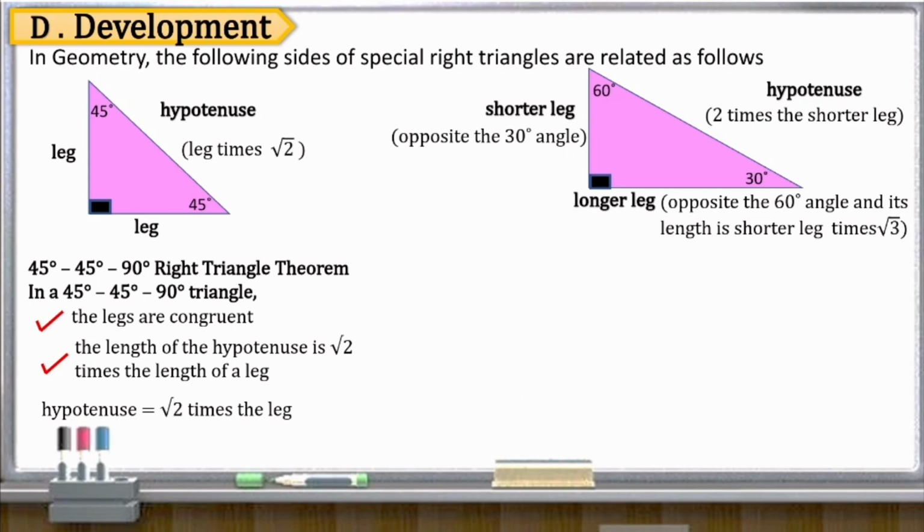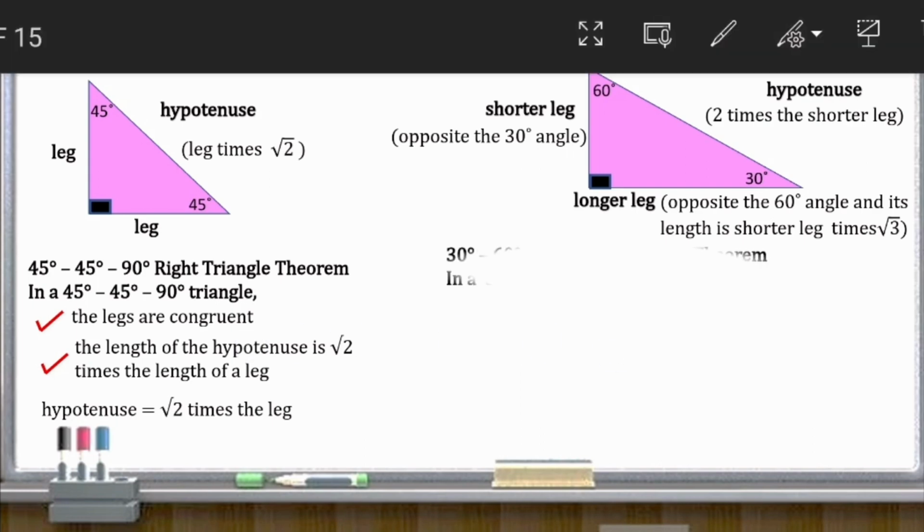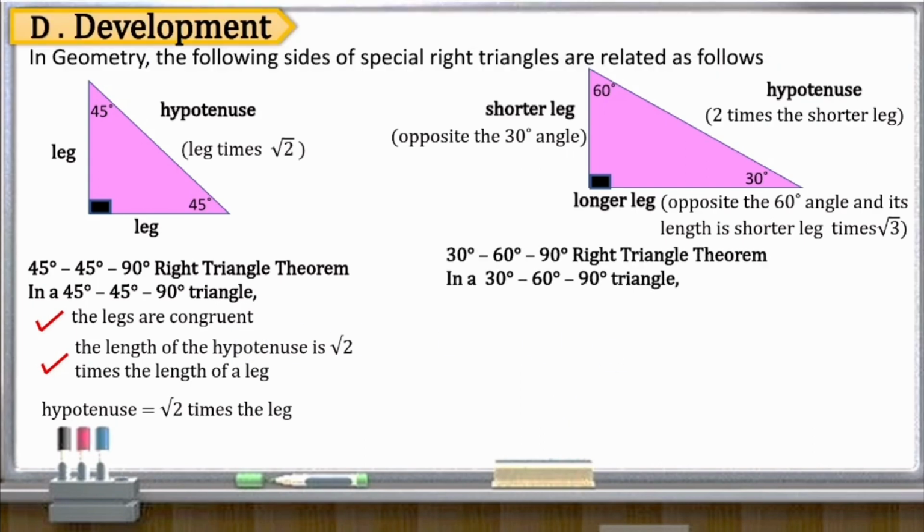So, dito naman tayo class sa 30 by 60 by 90 degree triangle. In a 30 by 60 by 90 degree triangle, the length of the hypotenuse is twice the length of the shorter leg. Ibig sabihin, yung hypotenuse ay doble class ang haba kaysa sa shorter leg.